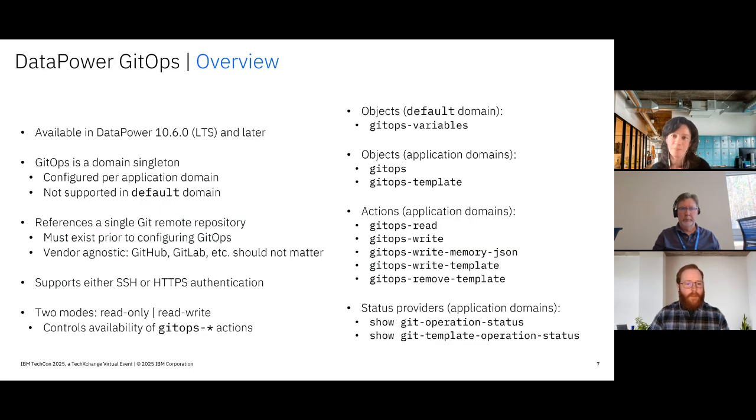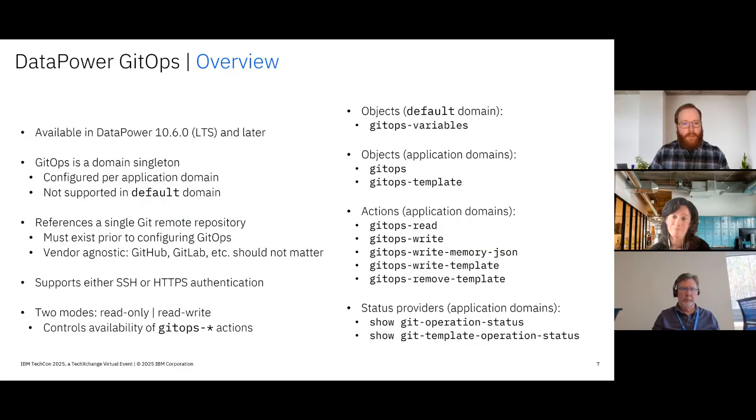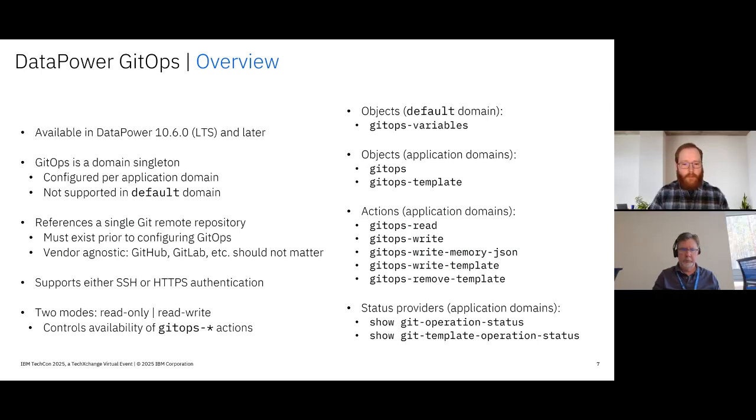Thank you, Ulas. All right, let's get into an overview of how you configure and work with GitOps in DataPower. As she mentioned, we introduced GitOps in 10.5.3, I believe, but it did merge its way into our LTS in 10.6.0, so it's available in LTS and can be used in any later streams as well.